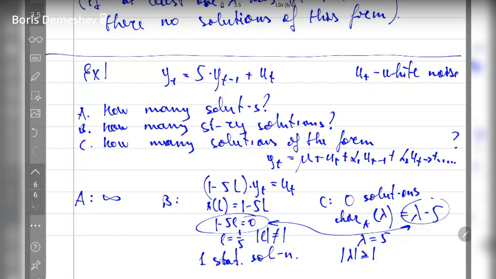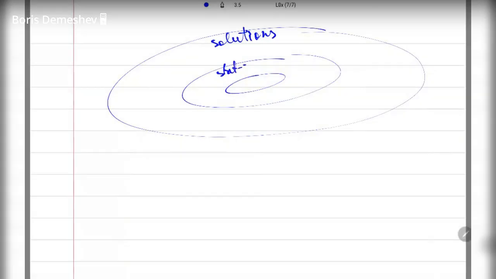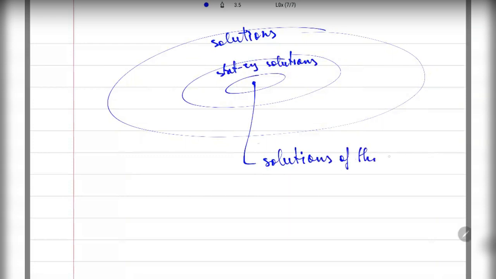And that's the general case. So if we look at the structure, these are solutions, these are stationary solutions, and these are solutions of the form.